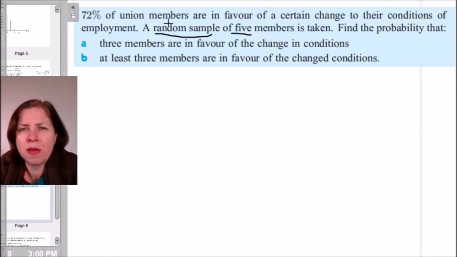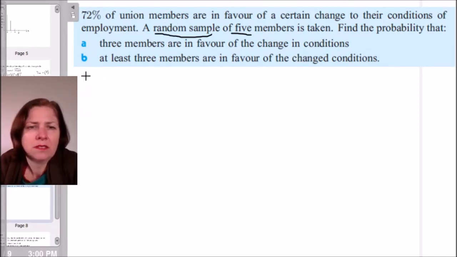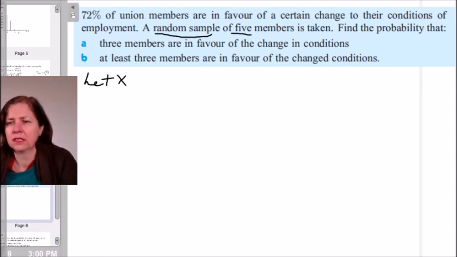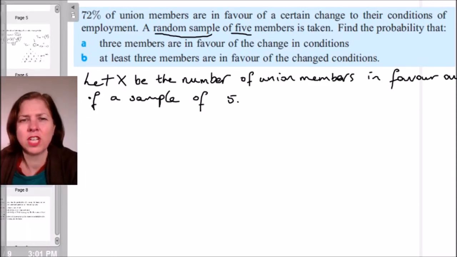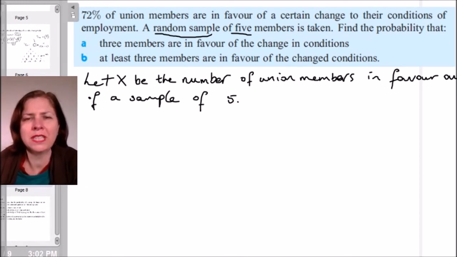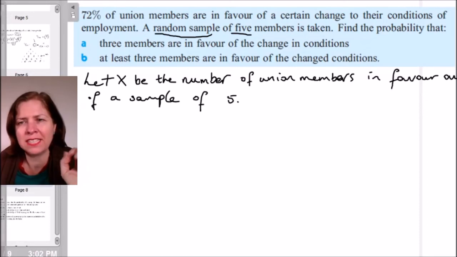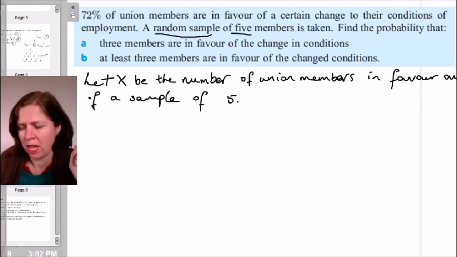72% of union members are in favour. So let x, hang on a sec. So I've just defined my variable. Let x be the number of union members in favour of this change out of a sample of 5.